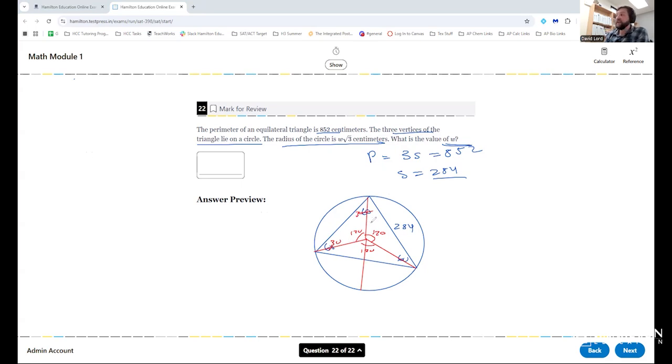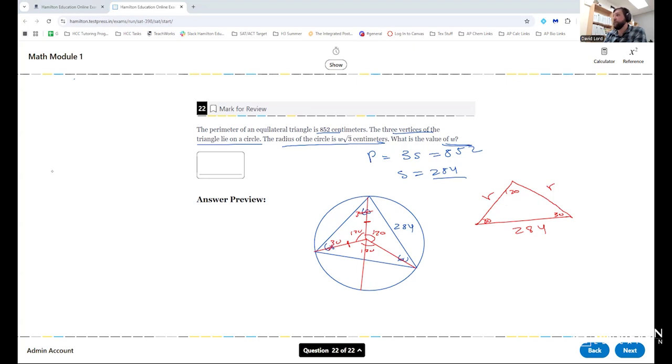Also, since these are radii, they are congruent. So what we have is a triangle where this is the radius, and this side here is 284. And we know that this angle is 120 and this is 30. So one thing you might be thinking about is your 30-60-90 triangle.